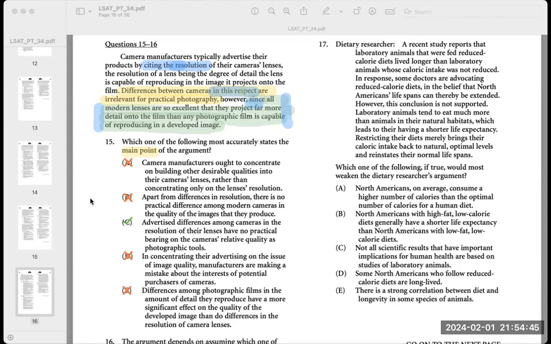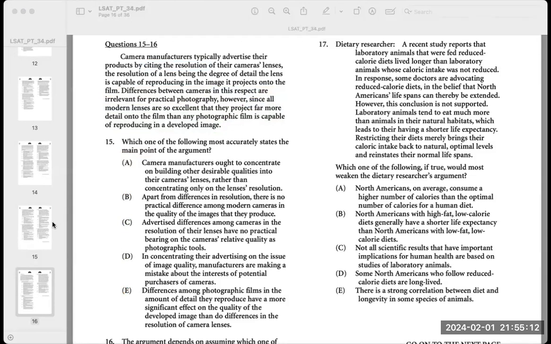Right. Got one more question to go over. It's from prep test 35, in section 1. All of these section numbers are if you're looking at PDFs or original prep tests.